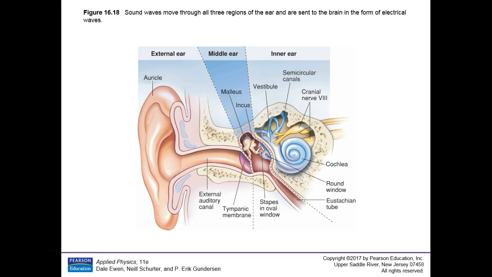You remember the old people who were deaf many years ago had this big old horn that they would hold up to their ear. It captured more waves and sent them in. That's exactly the purpose of the auricle. I'm surprised mine hasn't grown to try to compensate for my lack of hearing.